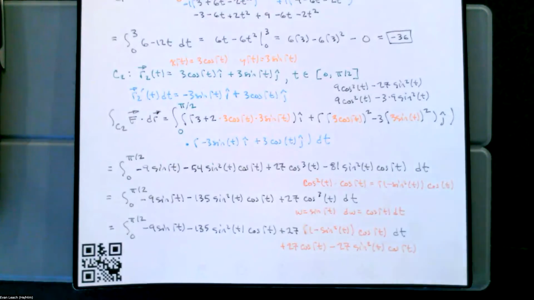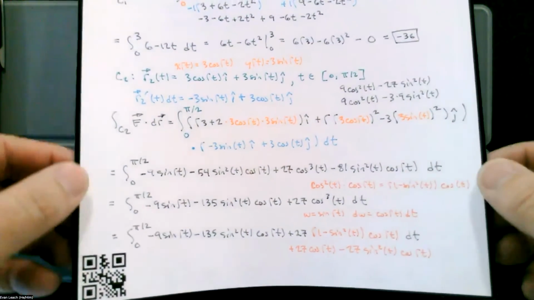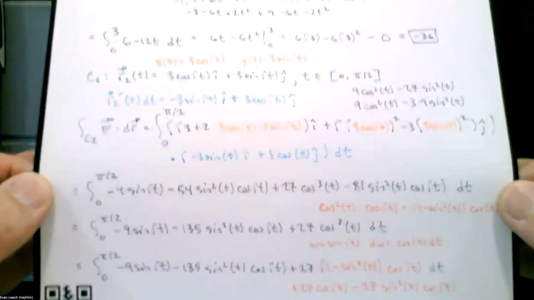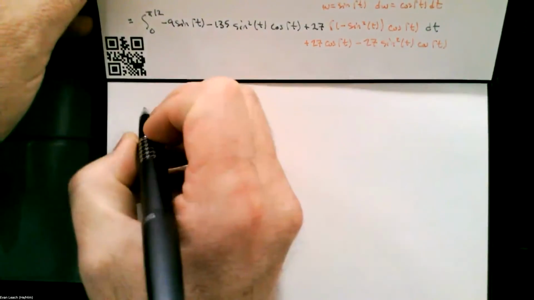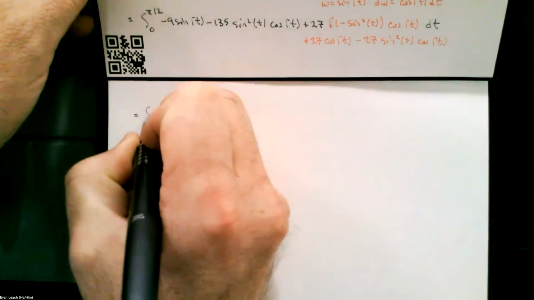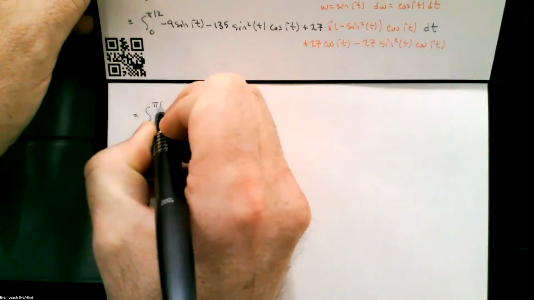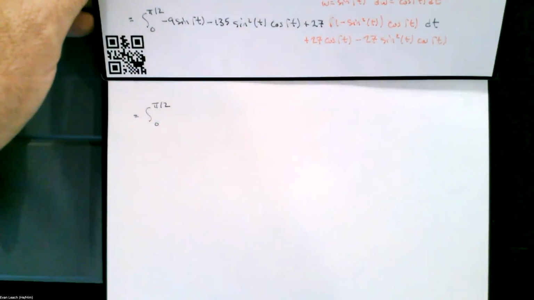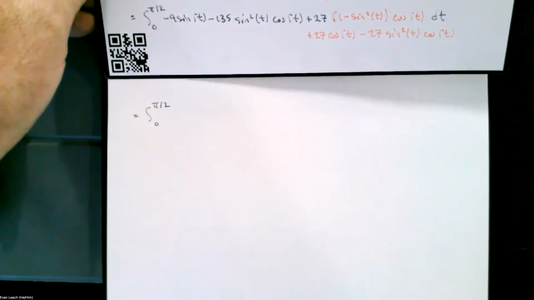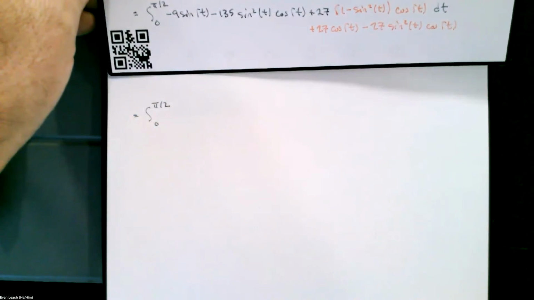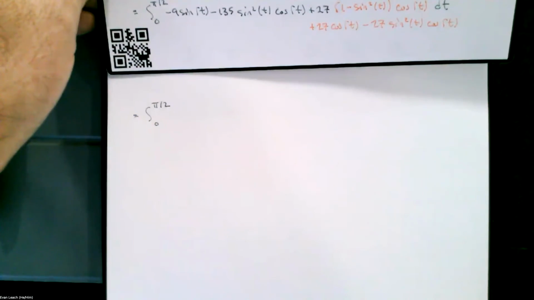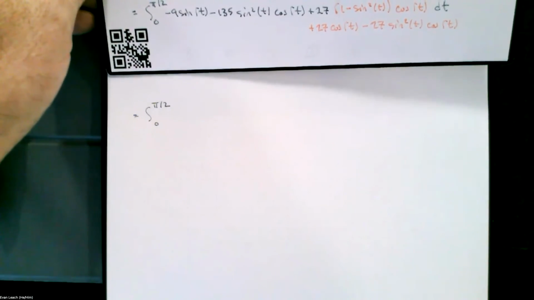So let's look at the thing that we're integrating. This is all the integral from 0 to pi over 2. That's kind of the most painful part. We look at that, we're plugging in from 0 to pi over 2. At the pi over 2, all the cosines are out. At the 0, all the sines are out.